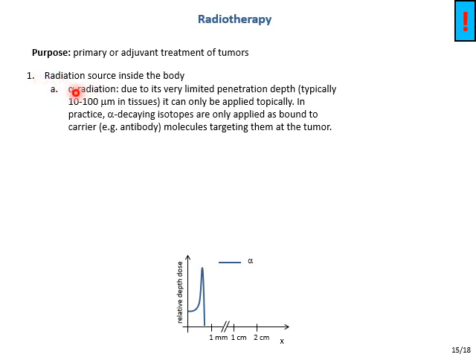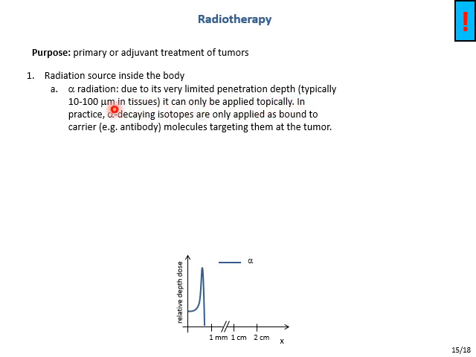The first example for this class is alpha emitting isotopes, and the penetration depth of an alpha particle is typically on the micrometer scale.